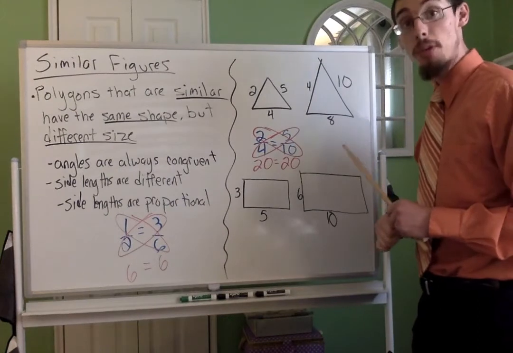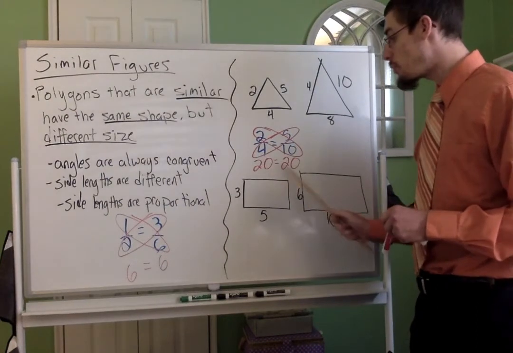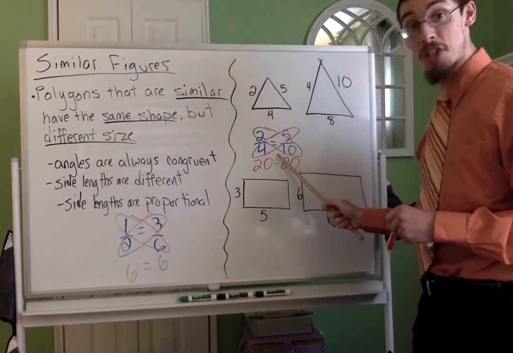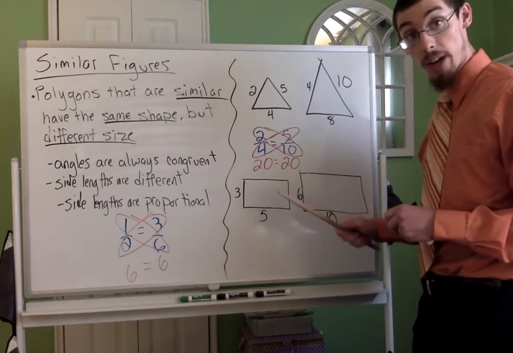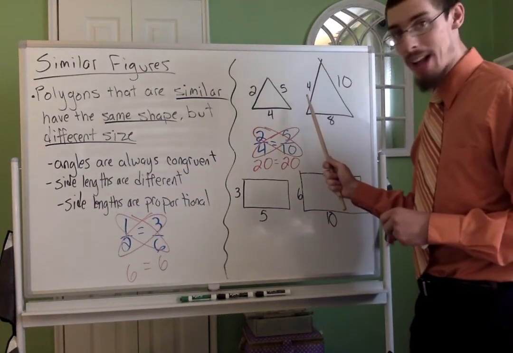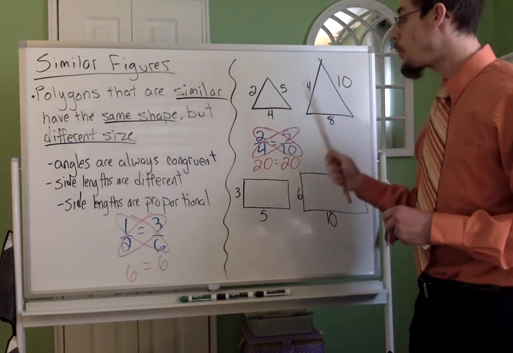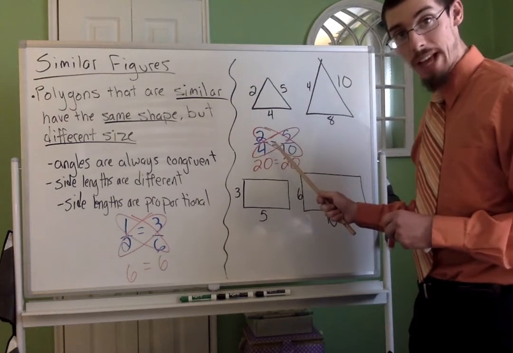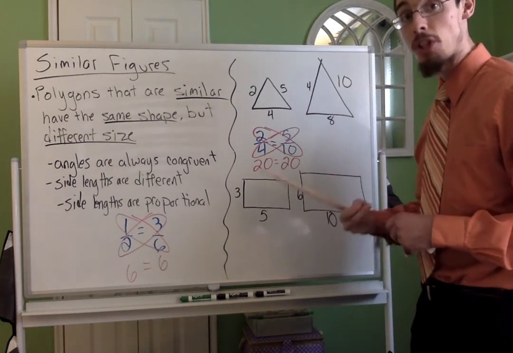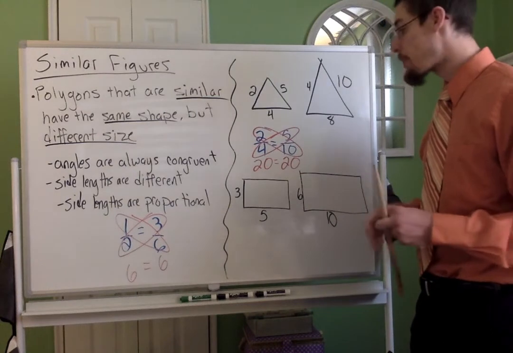The cross multiplication gives you 20 equal to 20, which means that these fractions are equal. So no, the side lengths are not the same, but when you make fractions out of them, they are the same. That's what's special about similar figures.